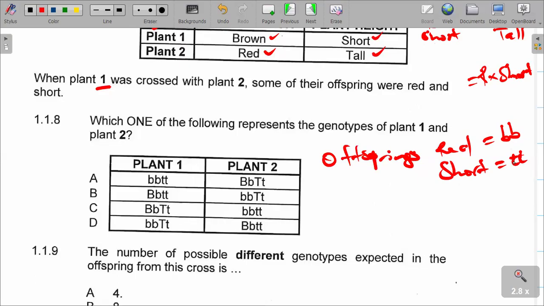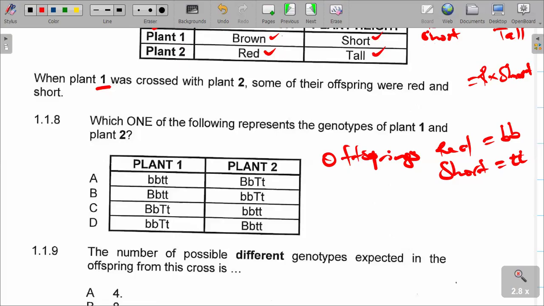So to have offsprings with both alleles recessive, both parents must contribute a recessive allele, from either of the parents. For us to have red, both parents contributed a recessive b. Plant 1 is brown, dominant.